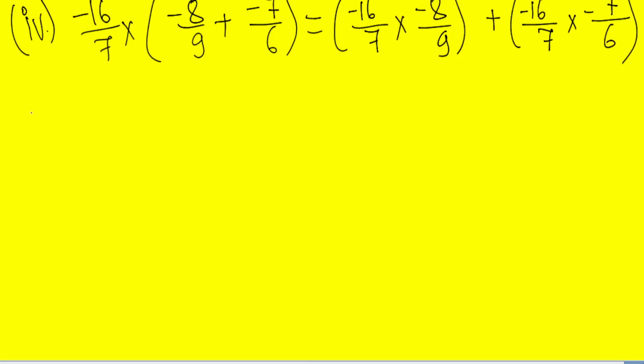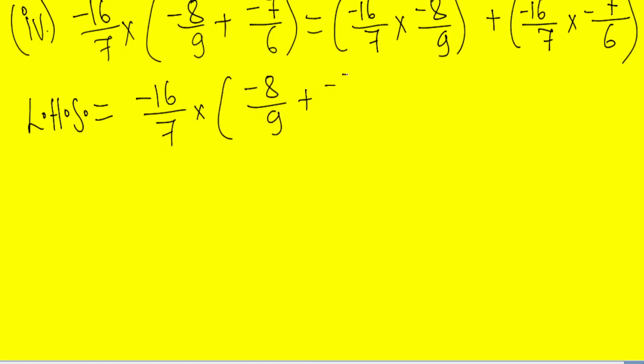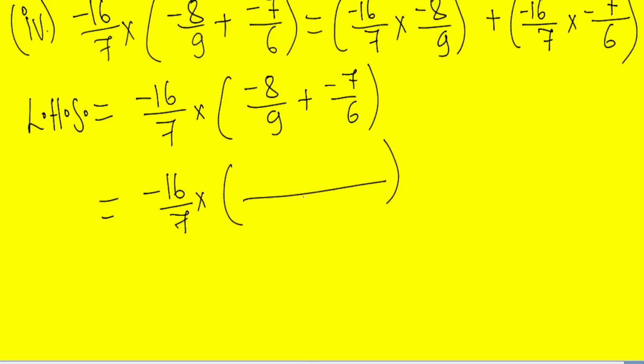Done beta. Now see left hand side. Let's try to find out the value of left hand side. तो लेफ्ट हैंड साइड में क्या था, minus 16 upon 7 multiplied अंदर bracket minus 8 upon 9 plus minus 7 upon 6. First we will solve the bracket. तो minus 16 upon 7 is as it is. Now 9 और 6 का जो LCM है वो 18 आया. 9 will divide 18, तो quotient is 2. तो minus 8 multiply 2 plus minus 7 will be as it is. 6 will divide 18, तो quotient is 3.